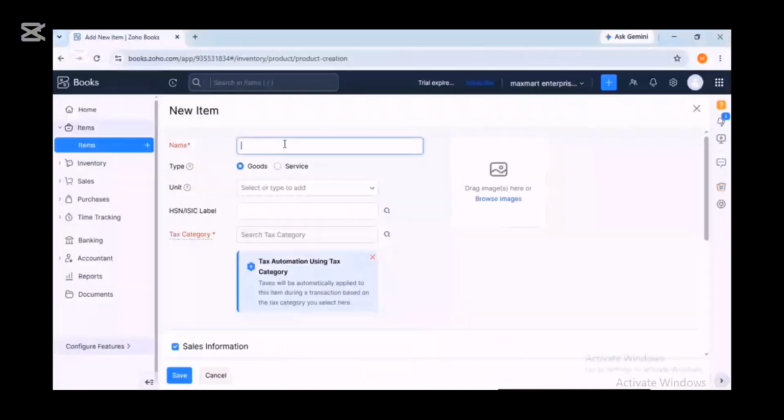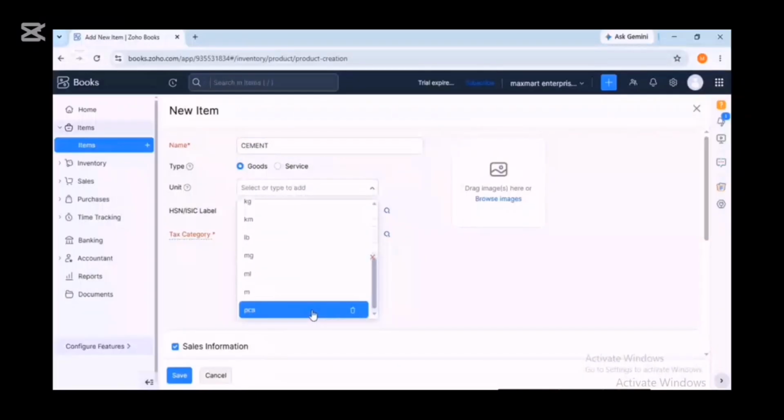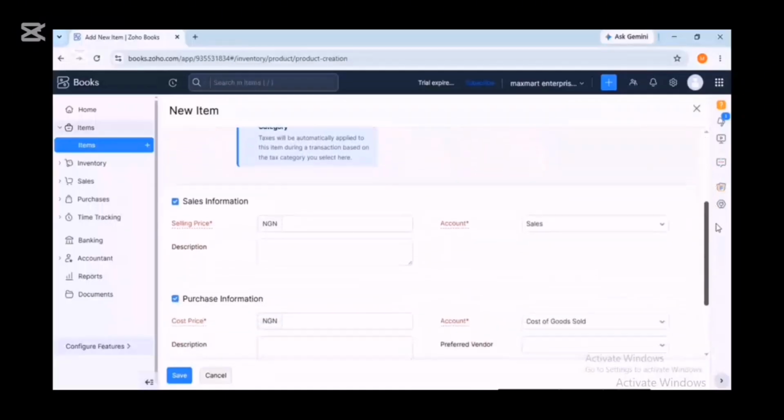So let's add up the inventory first. So add up cement, then the unit pieces. So let's scroll down.